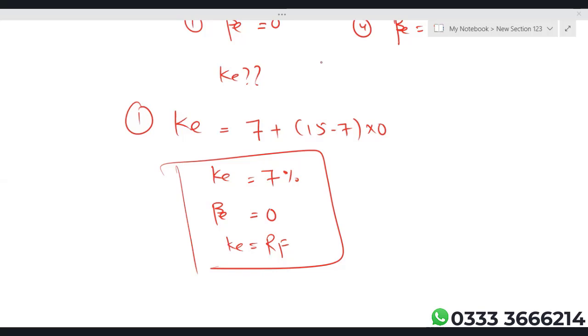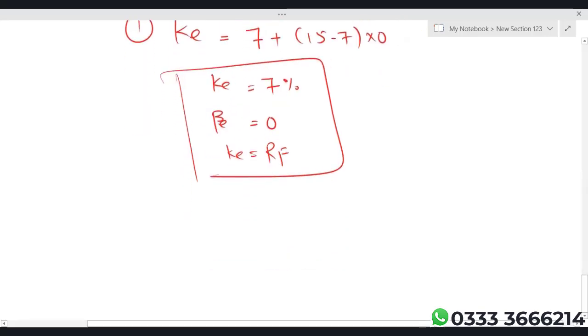Because normally, please concentrate on my wording, I'm saying normally governments do not collapse. I'm not saying they will never collapse. We have seen in the past a number of governments collapse, but normally we say governments don't collapse. That is why in financial management, the benchmark of risk-free investment is the government bond. That is number one finding.